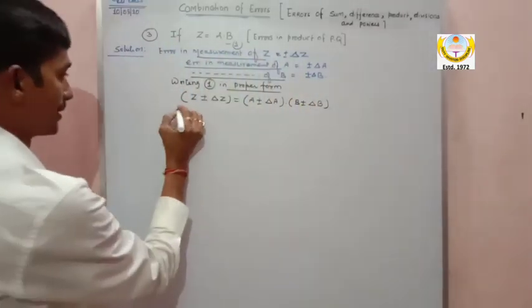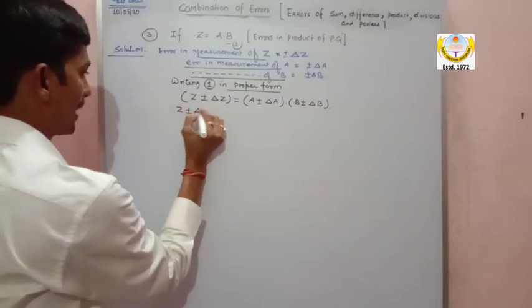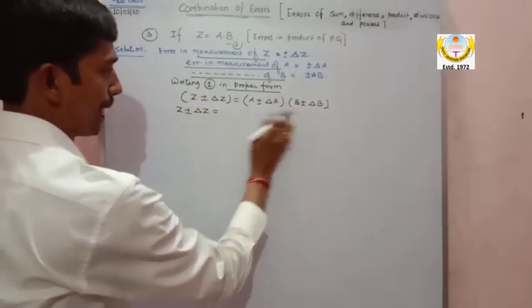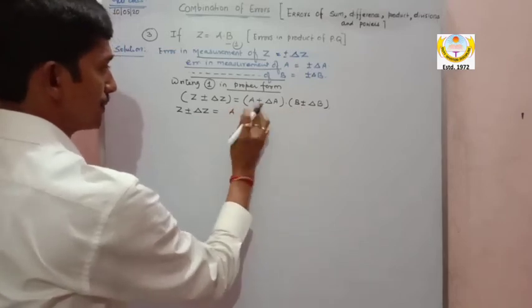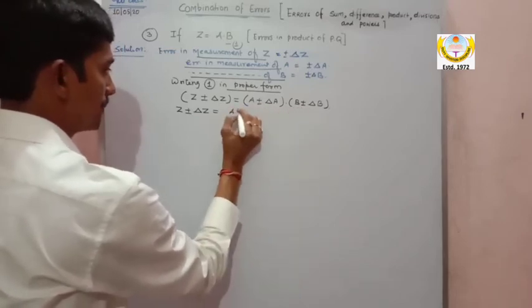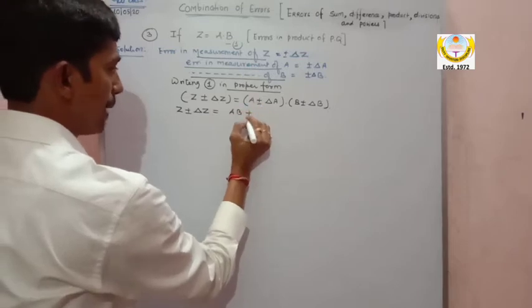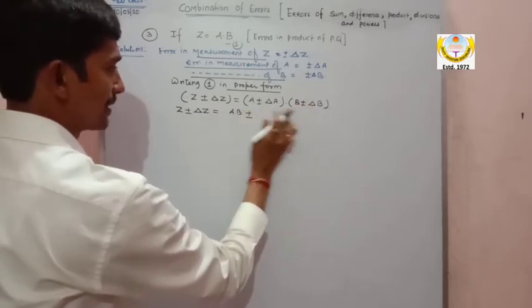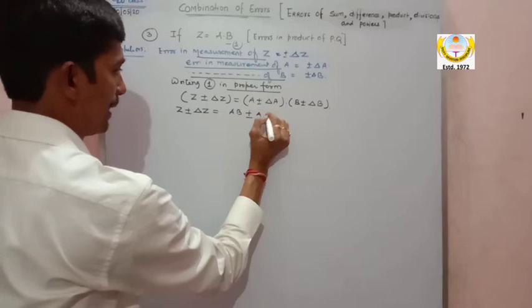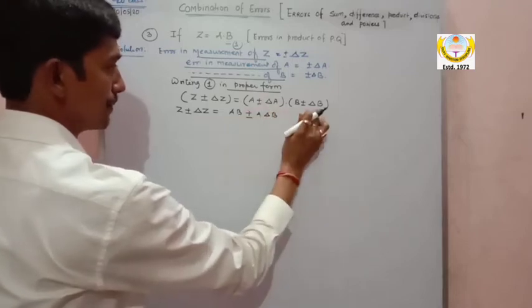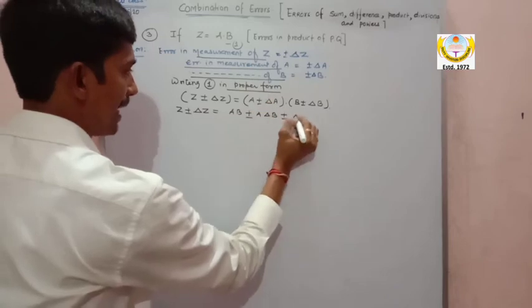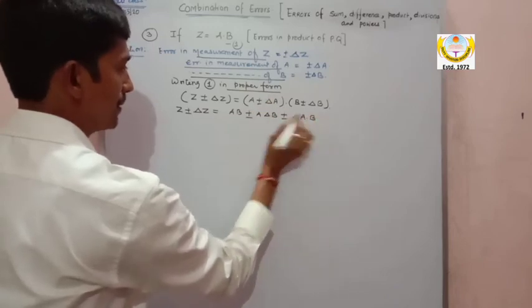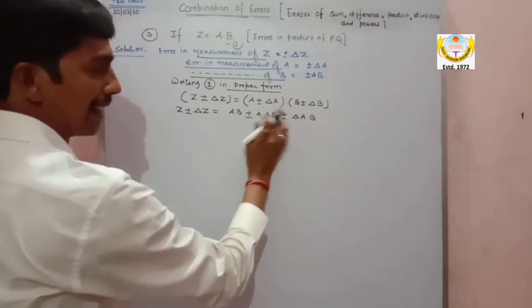So now, Z plus minus delta Z is equal to, let us multiply here, A into B, plus minus A into delta B, plus minus delta A into B, plus minus delta A into delta B. I hope you are getting the expansion.